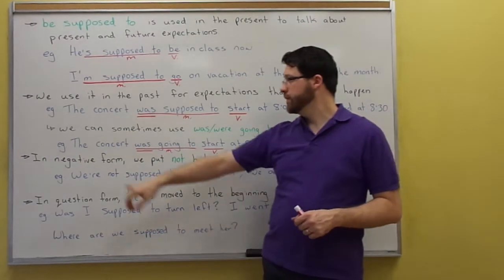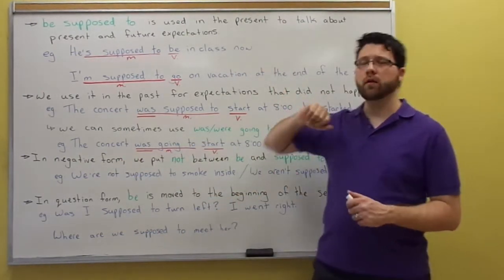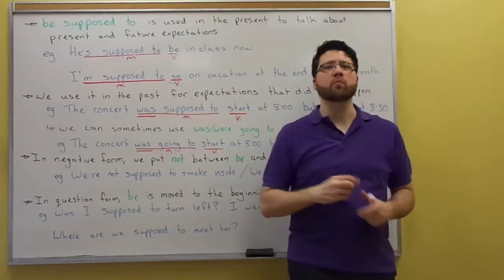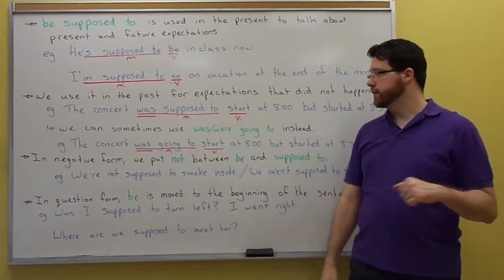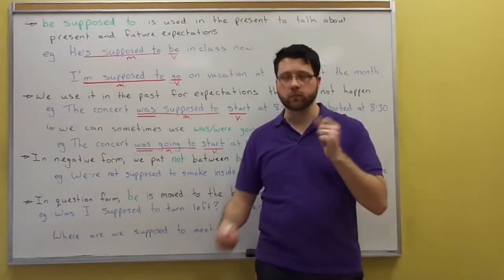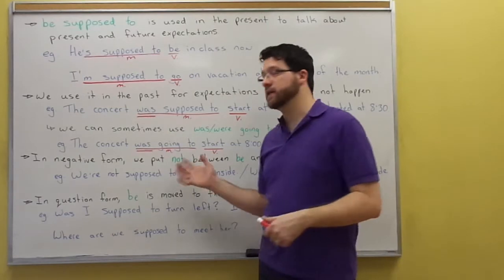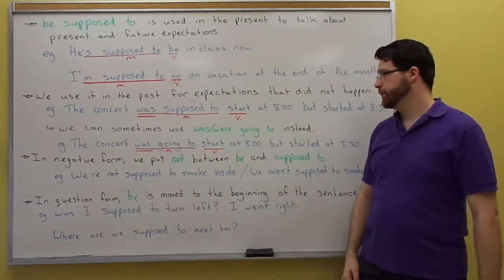Moving on. Negative form. Because we've talked all about the positive form, be supposed to, but we do use this in the negative form. So how do we do it? Well, we use not. Where? Well, the answer is between be and supposed to.